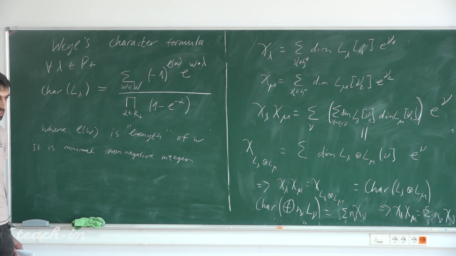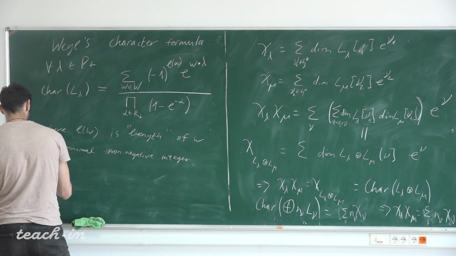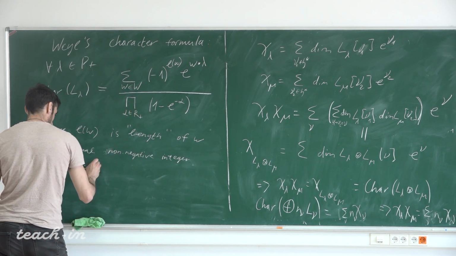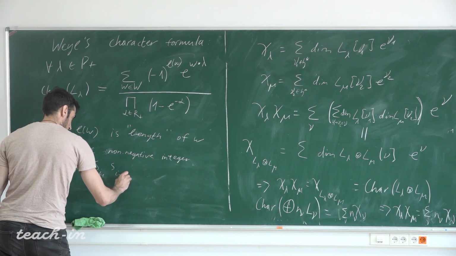There's only one element, which is the identity, in the Weyl group, such that W can be written as a product of simple reflections.